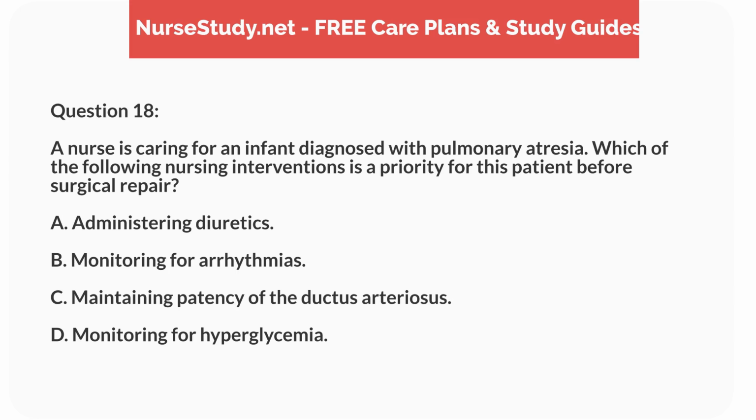Question 18. A nurse is caring for an infant diagnosed with pulmonary atresia. Which of the following nursing interventions is a priority for this patient before surgical repair? A. Administering diuretics. B. Monitoring for arrhythmias. C. Maintaining patency of the ductus arteriosus. D. Monitoring for hyperglycemia.